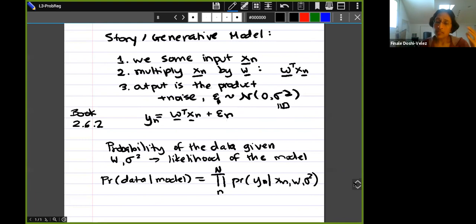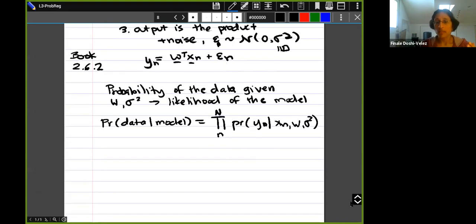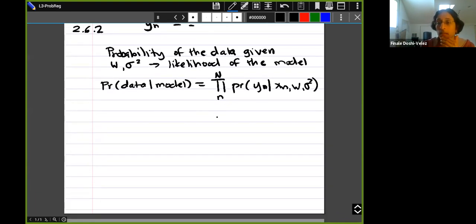So my story told me that I should be able to factorize the probability in this way. My story didn't say that somehow there's correlation between the different x's. So that's our likelihood. Now we're going to take the log of this, which we're allowed to do because it's a monotonic transformation, and that's just going to be nice because it's going to turn this product into a sum.